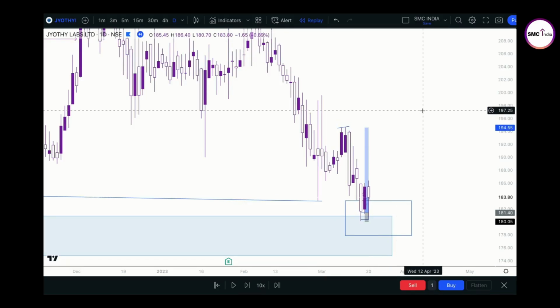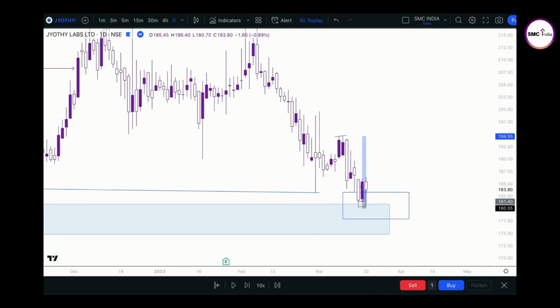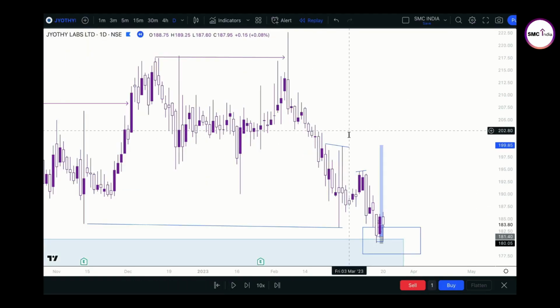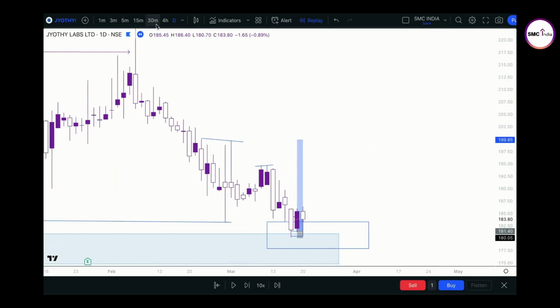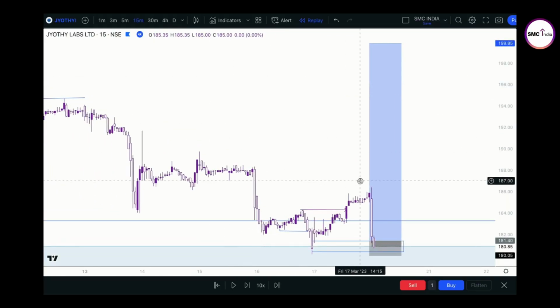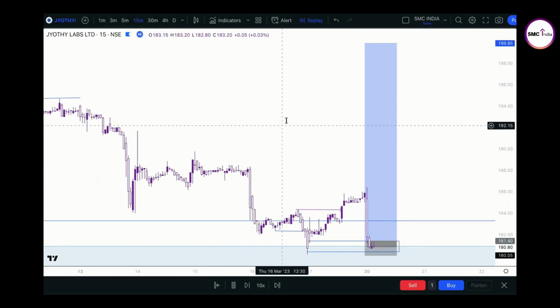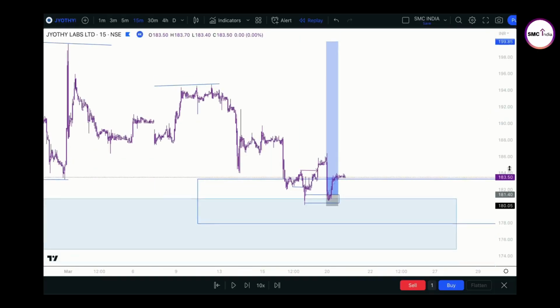There is chance that these wicks will be grabbed, and there are wicks here too. There is high chance that these liquidities are grabbed and the price shoots up. So if I'm going to trade these, I book most of my positions here and book the rest of my positions up here. So if I go to 15-minute time frame, let's see how the trade plays out.